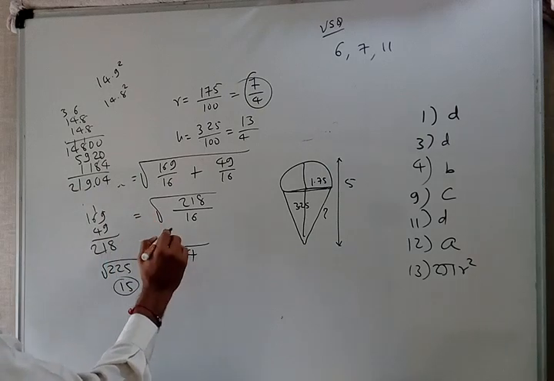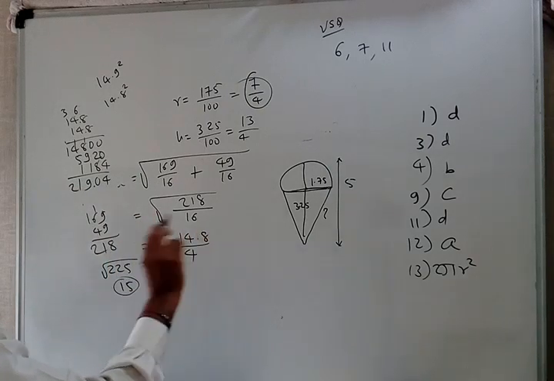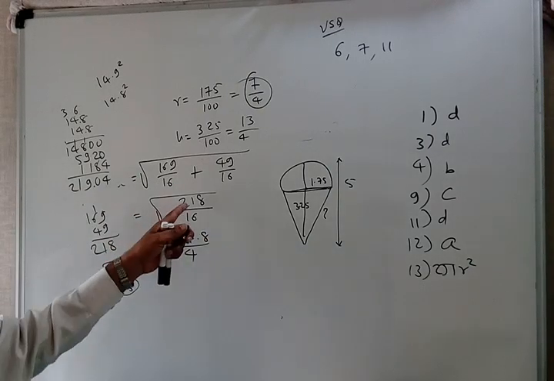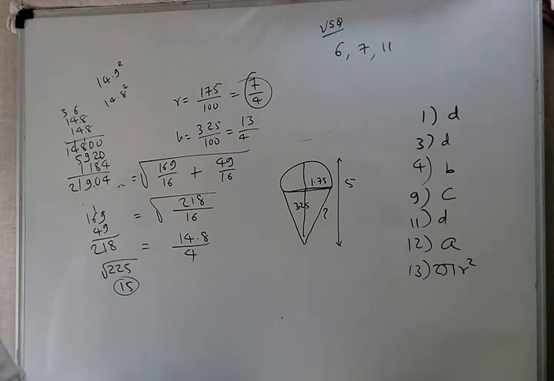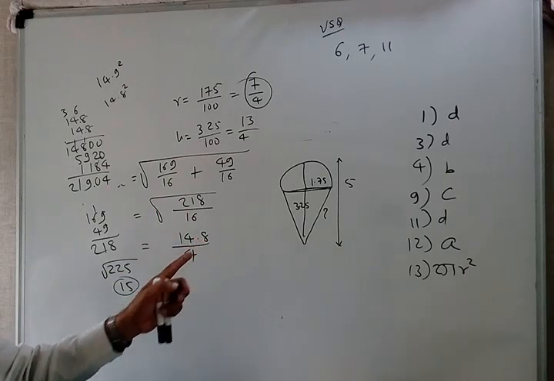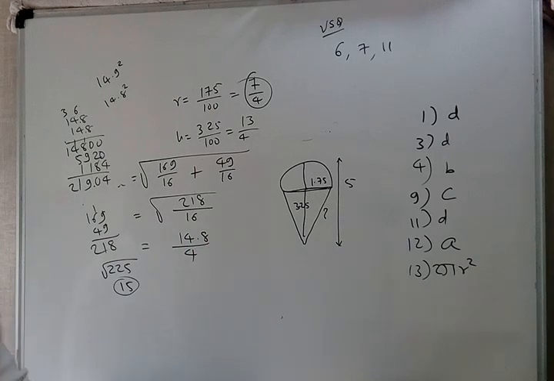So we take the square root of this as 14.8, because we cannot find it exactly without a calculator. Up to one decimal only we have to write; we cannot go ahead.